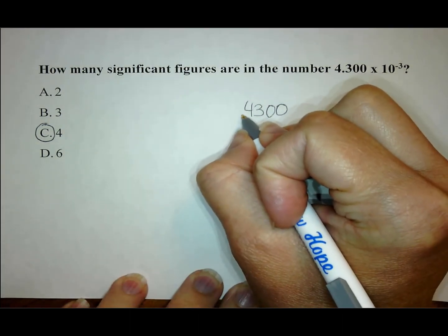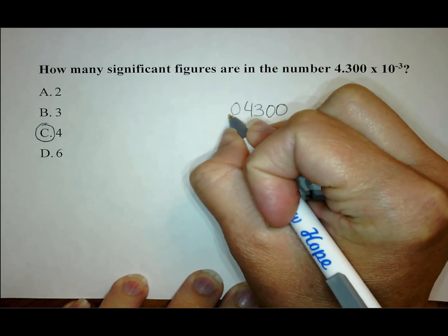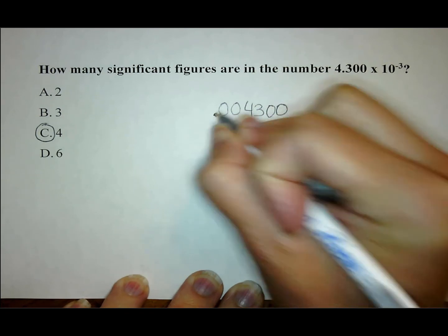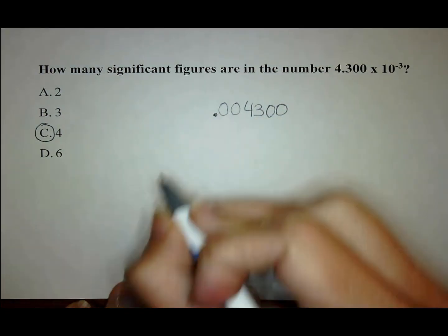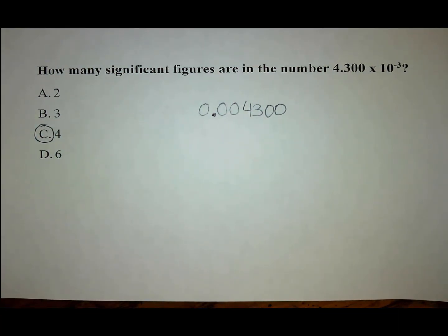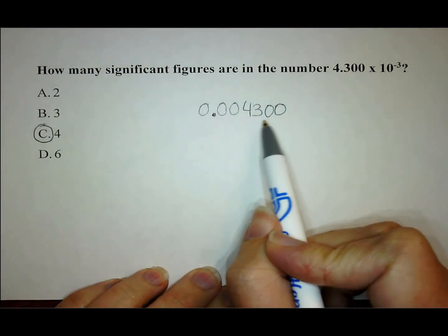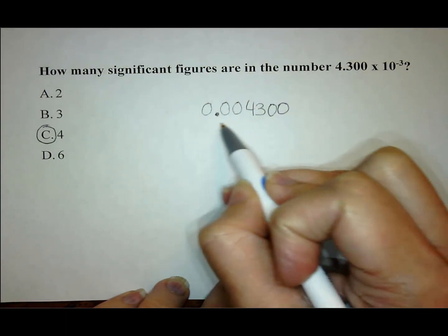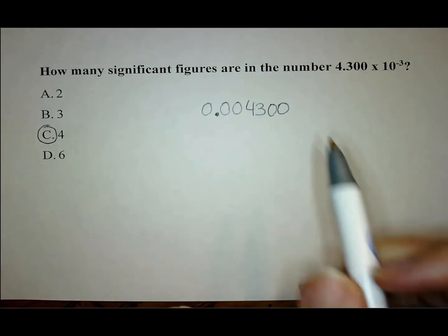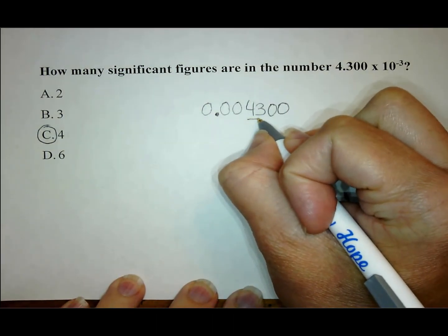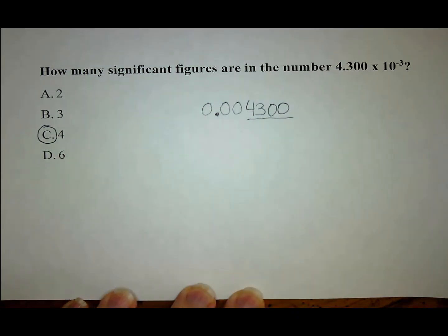So 1 to the left, 2 to the left would give us another 0, and 3 to the left would give us another 0. So we could write our number like this, or you could include the 0 on the left. It doesn't really matter. So this would be the same number in decimal form. And notice that it also has 4 significant figures. The zeros on the left are not significant, but the zeros on the right are significant. So we've got 1, 2, 3, 4 significant figures.